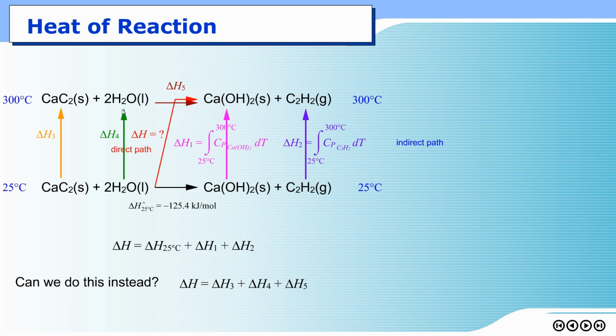Water cannot exist as liquid at 300 degrees Celsius and 1 bar. So this green line is impossible. Even though theoretically you can choose any path that you like, practically some paths might not be feasible. So you have to choose the indirect path carefully. Alright, so this is a lesson.